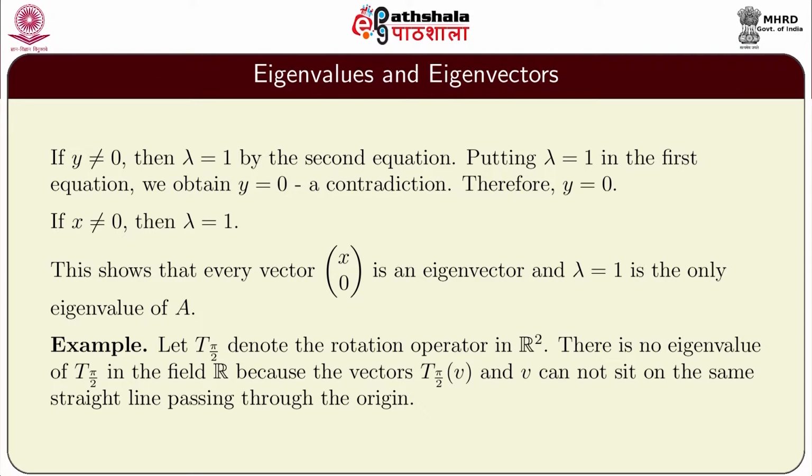Because if there is an eigenvector v, which has to be a non-zero vector, then it has to satisfy T_{pi/2} of v is equal to lambda v for some real number lambda. What does that mean? That T_{pi/2} v, which is lambda v, has to sit on the same straight line passing through the origin and v.